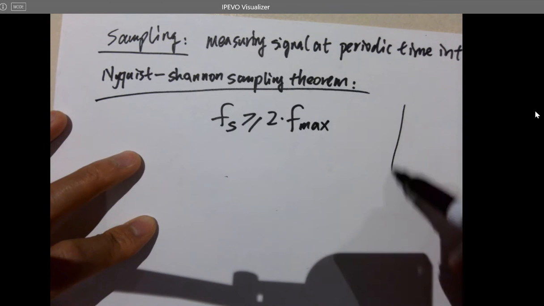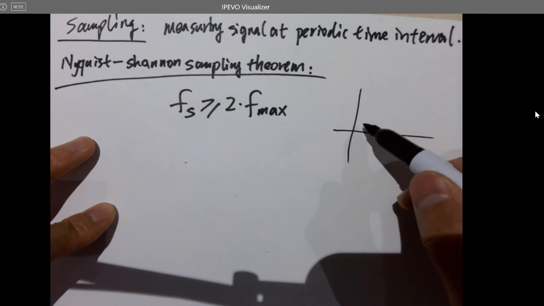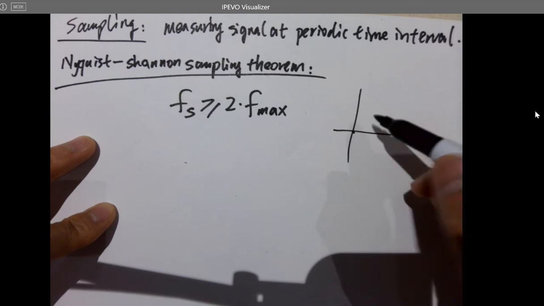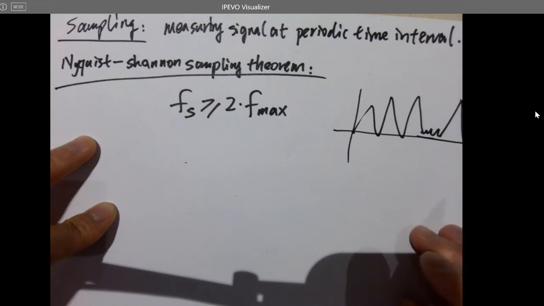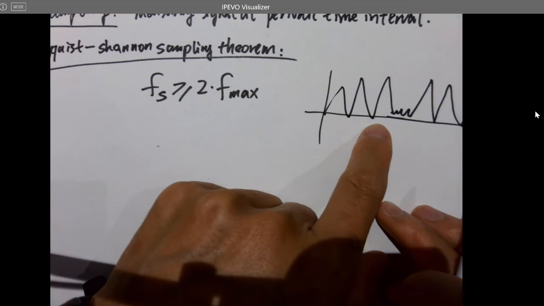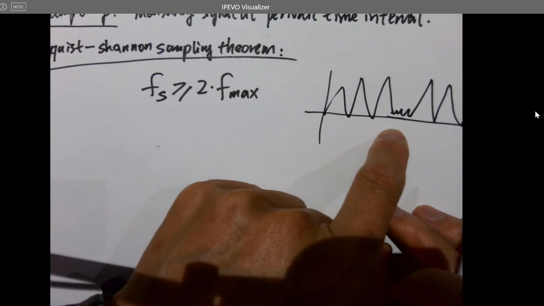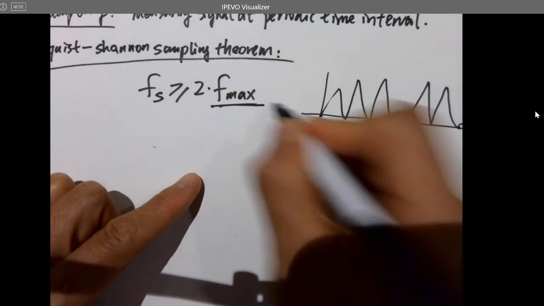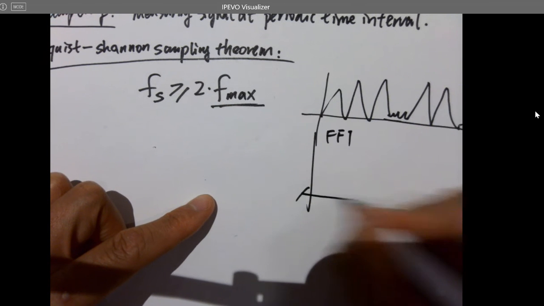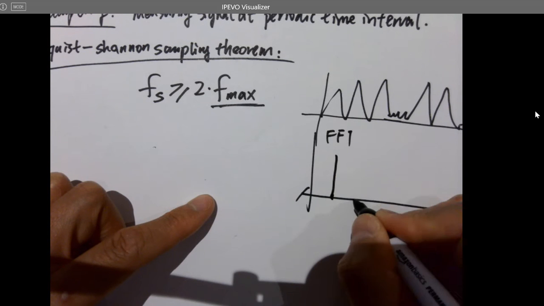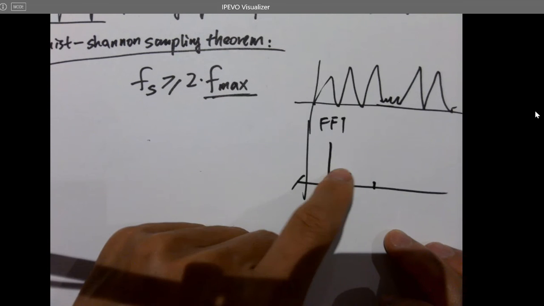Some signals have different frequency components if you do a Fourier transform. For example, a signal like this has different frequency components, and the maximum frequency among them is F max. If you do an FFT, you're going to see different components, each with a different intensity.